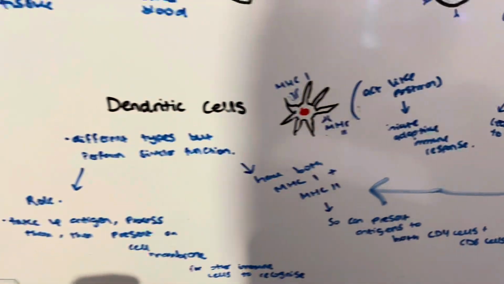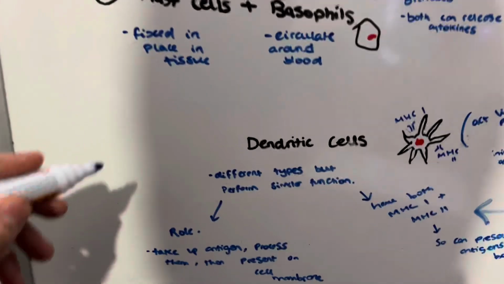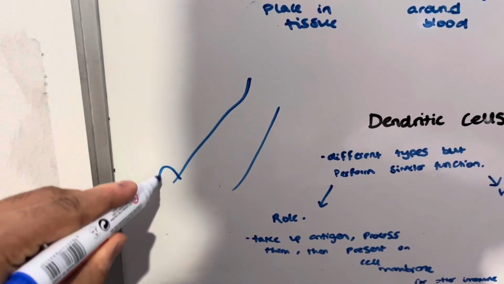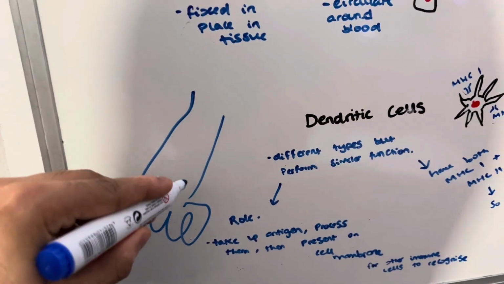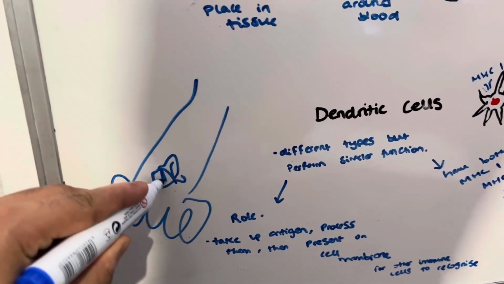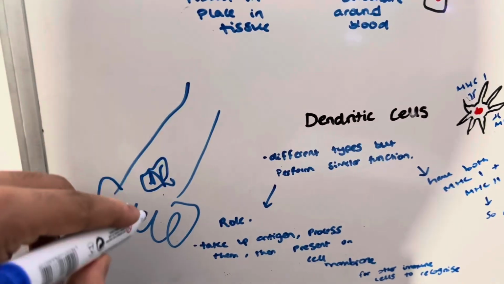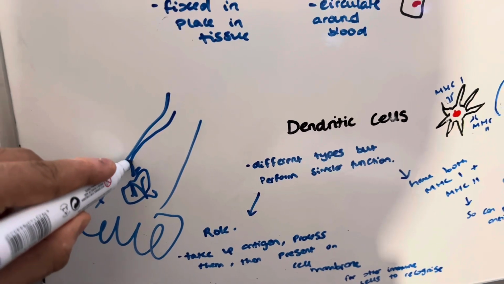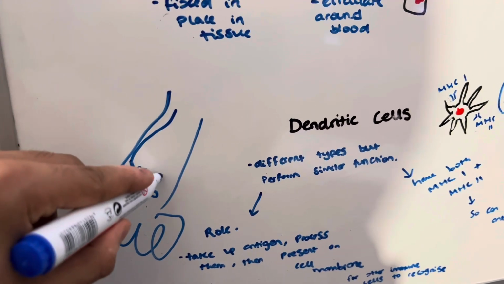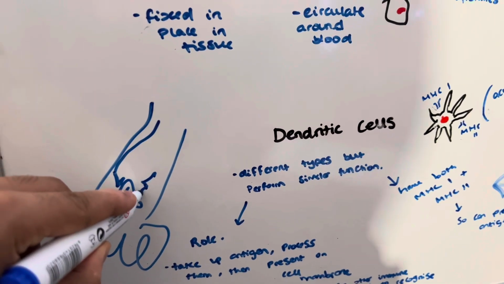Let me just quickly get a pen. This is someone's arm. That's their abnormally large fingers. Now, let's say this is the site of infection, this thing here. Dendritic cells are in the bloodstream and the lymphatic system, and they would come to the site of inflammation. I think I said infection the first time, I meant inflammation.